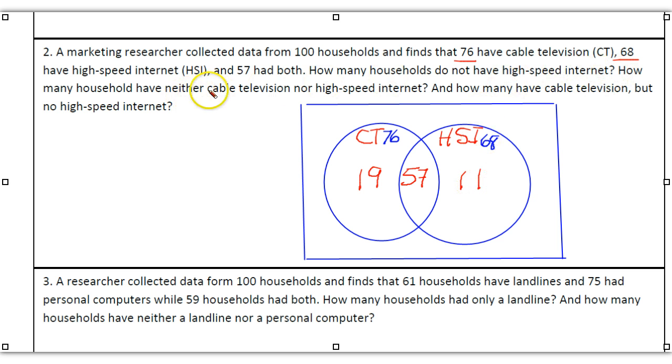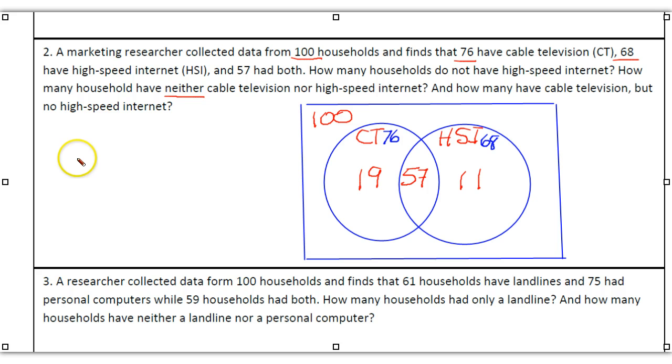And let's see, we're leaving out one thing here. Well, out of our 100 households, remember our universe is 100 up here, we don't know how many have neither of these. So how do we figure it out?